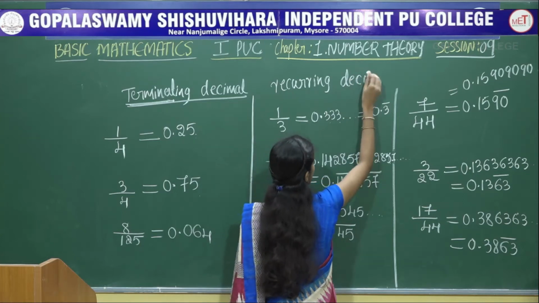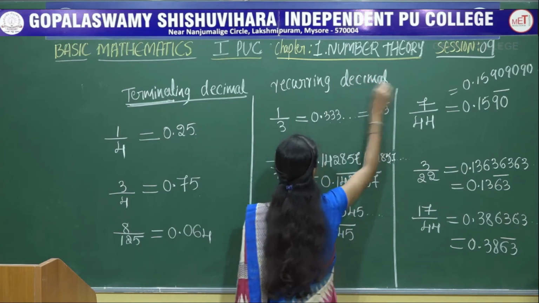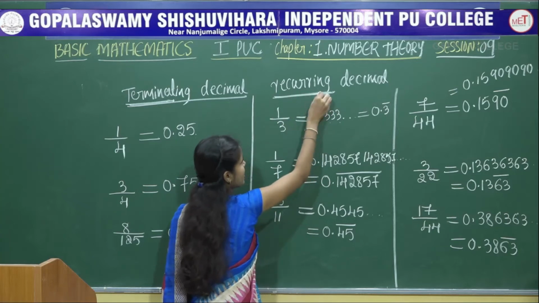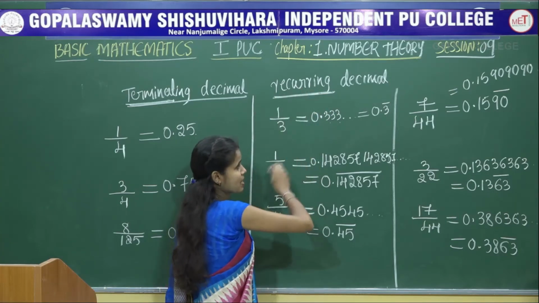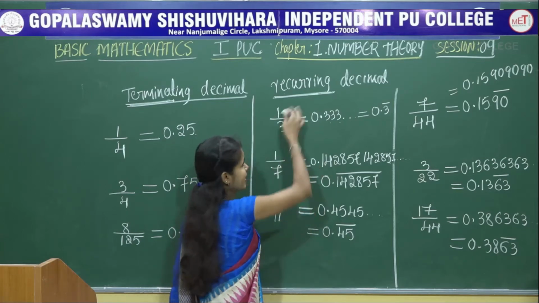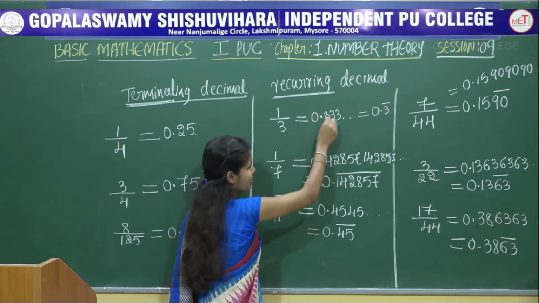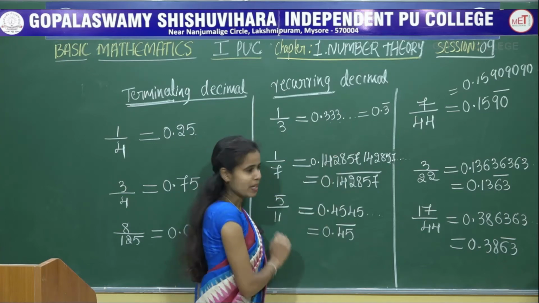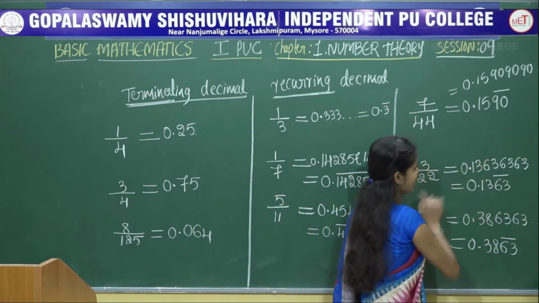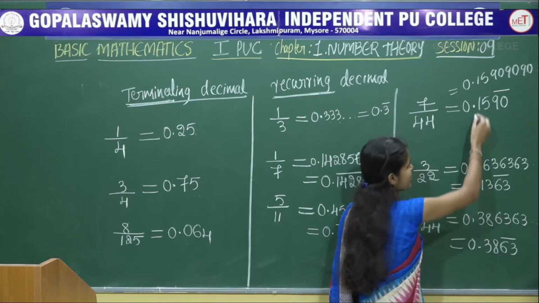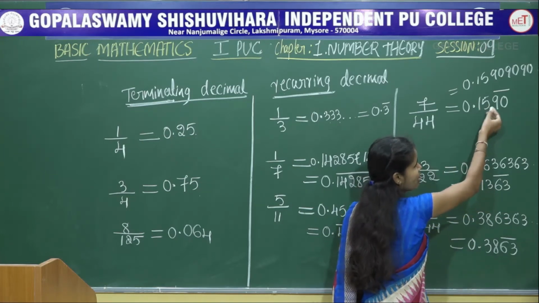Recurring decimal expansion. Here the word recurring means reoccur or repeat. The word itself says that digits are repeated. But here observe, after the decimal point, some digits, 1 5, are not repeated.